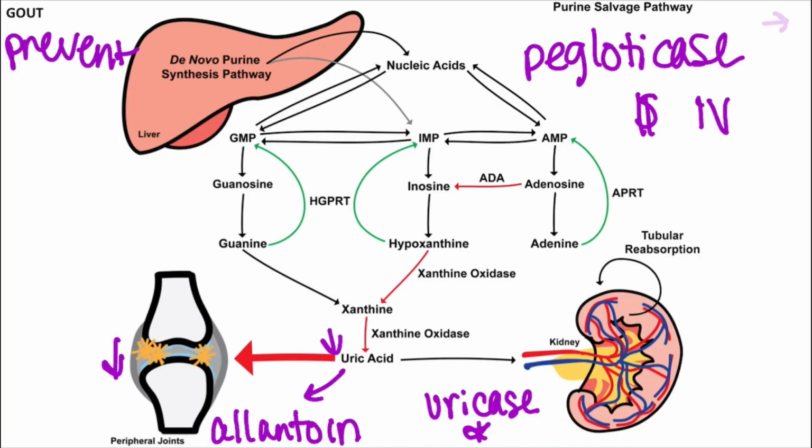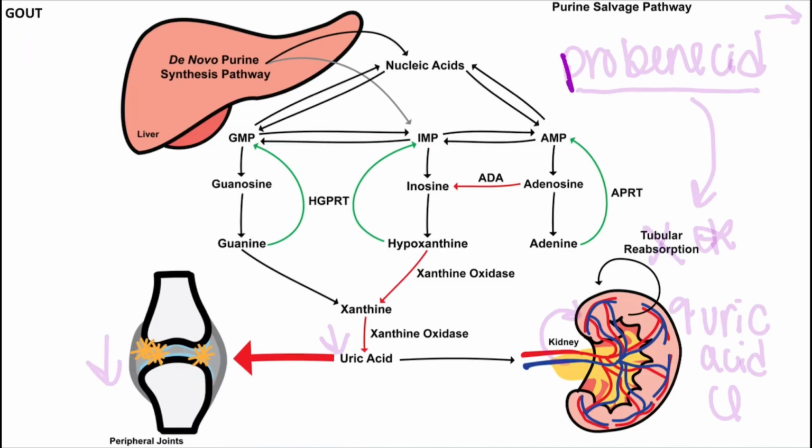So moving up the ladder to our second-line agents on the next slide, which is probenecid. And probenecid is a uricosuric agent, which means it competitively inhibits the active tubular reabsorption of urate in the proximal renal tubule. So remember, this is how urate is reabsorbed from the filtrate back into the bloodstream.